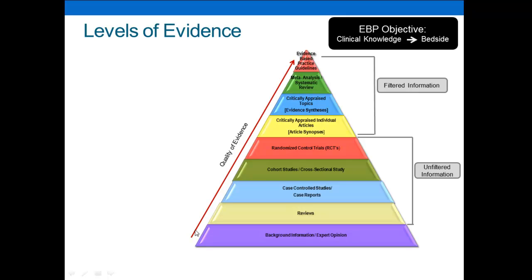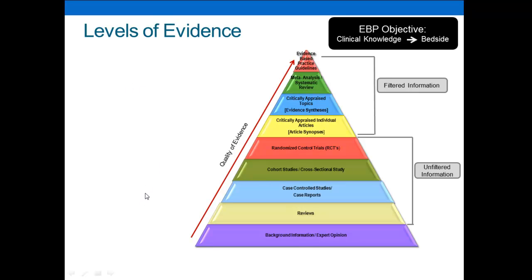And it works its way up. As it works its way up, what you'll notice is you get a lot of primary research, like randomized controlled trials and cohort studies and case-controlled studies, etc. And it continues to go up till you get to things like systematic reviews, meta-analyses, and evidence-based practice guidelines.